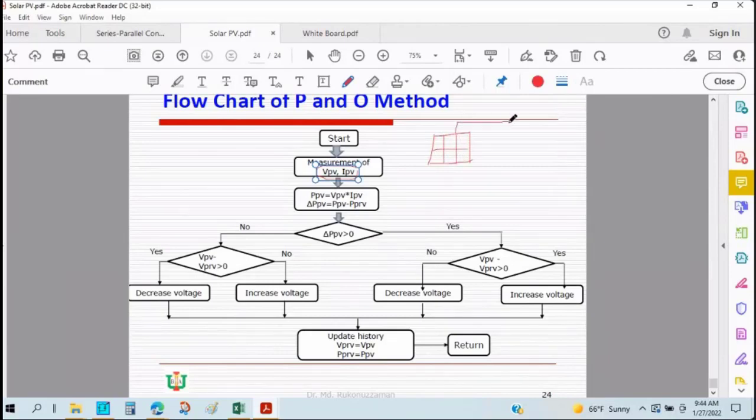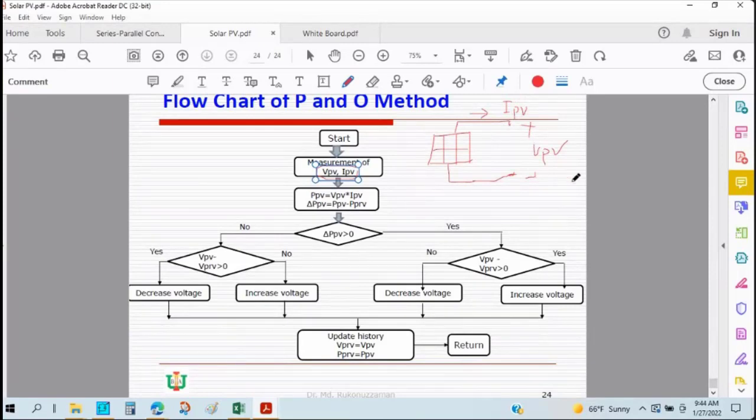This is the voltage VPV across the solar panel, and IPV is the current that we are getting from the solar panel.